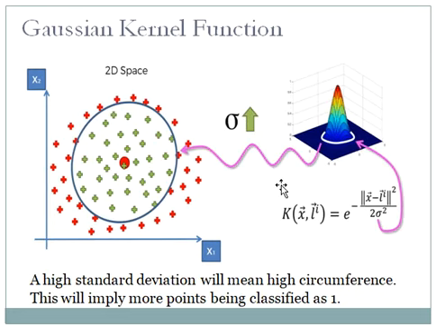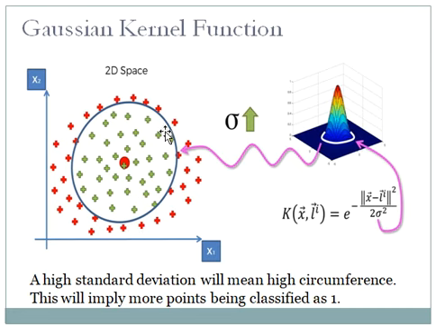Now let me explain the relevance of this denominator in our expression, the standard deviation squared. What is the relevance of this standard deviation? The higher the standard deviation, guys, the wider is this curve. Intuitively also it makes a lot of sense. The higher the standard deviation, the higher is the circumference of my Gaussian curve.